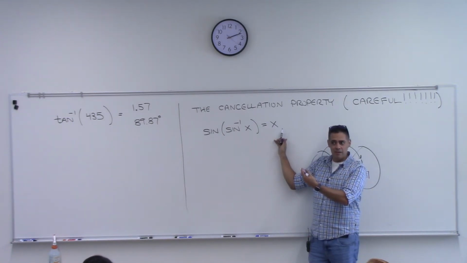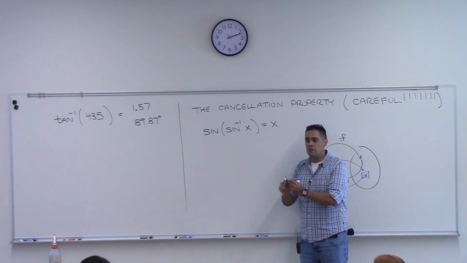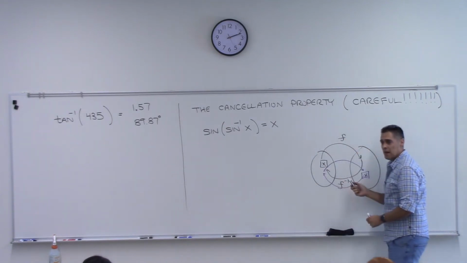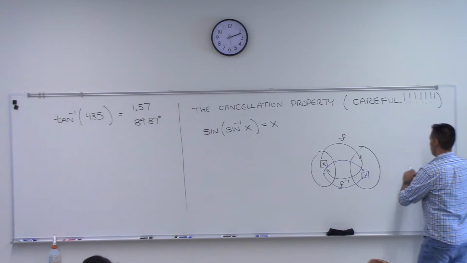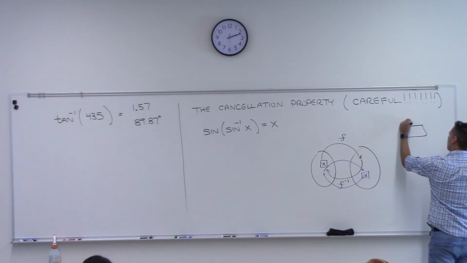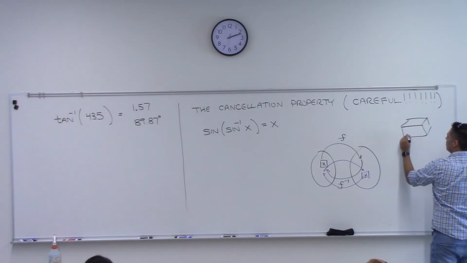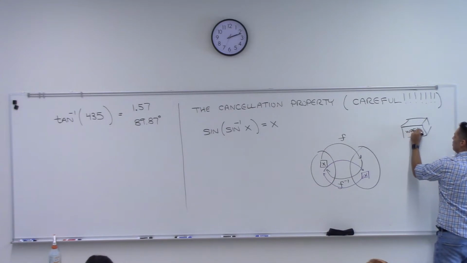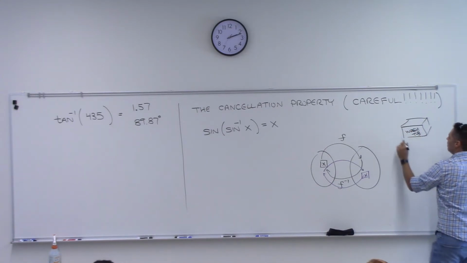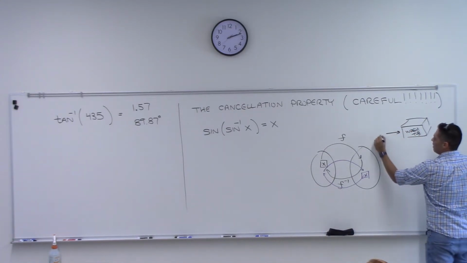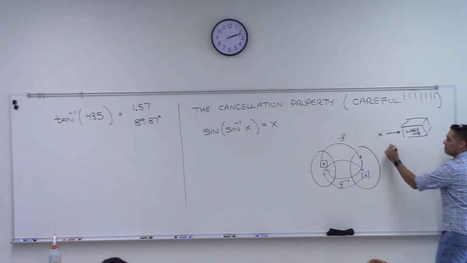Y'all okay? It's like a car wash, okay? Here's a car wash. Wash tub. There we go. So we send in a value x. This is going to be a dirty car.